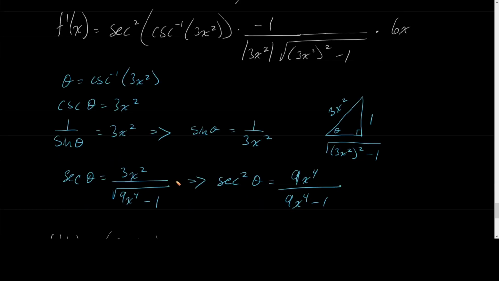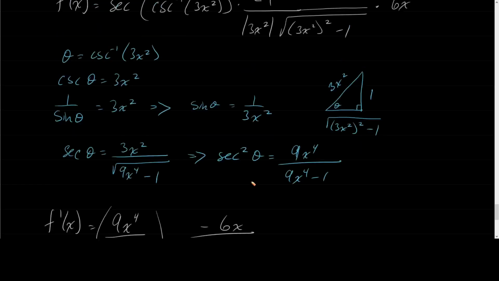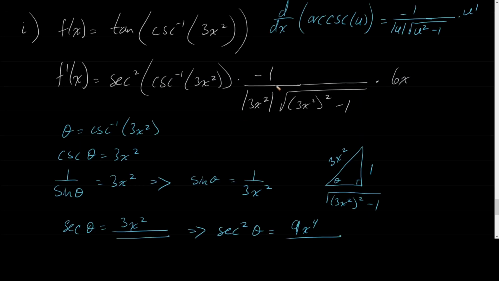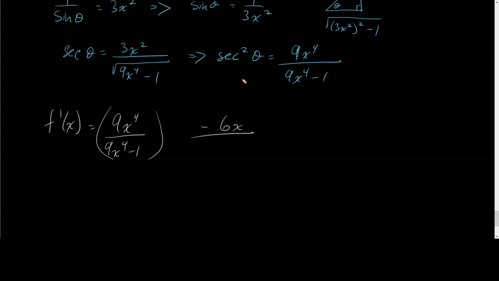All right, so we have negative 6x over, notice the absolute value of 3x squared. Well, for all values of x, that's at least 0, right? Because it's irrelevant of what I plug in for x, because I'm squaring it, it's always going to be positive. So in here, we can just go ahead and ignore the absolute value signs and write 3x squared. And then we have times the square root of 9x to the 4th minus 1, right?